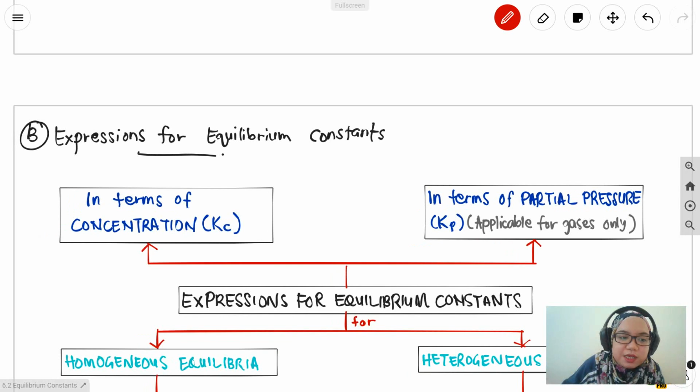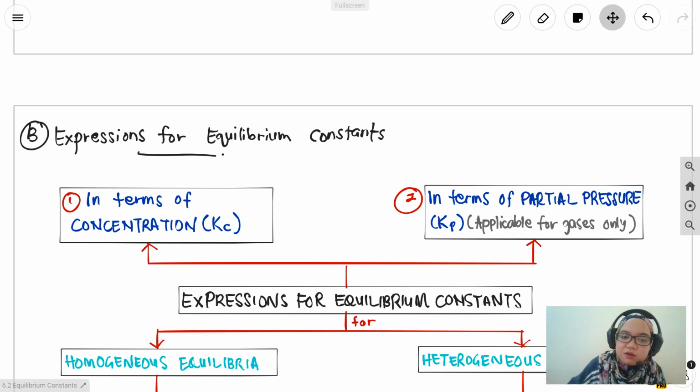The first one is in terms of concentration, Kc, and the second one is in terms of partial pressure, Kp. Kc can involve gases and aqueous states, all states. But Kp is only applicable for the gas state only.